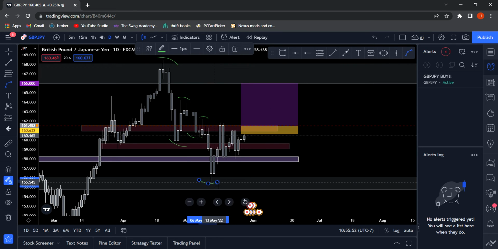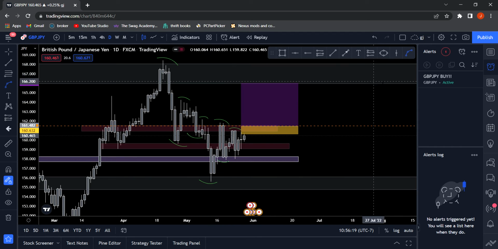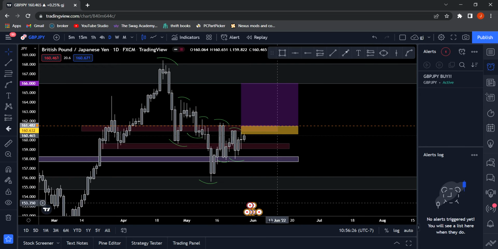Then it created the lower low, and then an equal high right here, in confluence with this high. Then we had a higher low. You can consider this a lower high or equal low because it all came into this zone and rejected, but if you want to look at it as a lower high, that's fine too. So a lower high, and then right here, oh, I messed up, it created an equal low. These are my highs and lows.